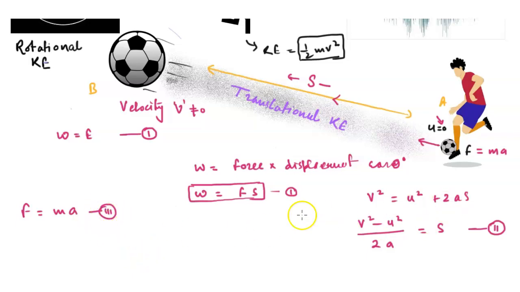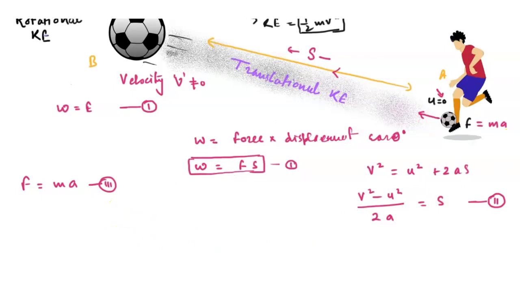Now we will put the values from equation number 3 and equation number 2 into equation number 1. So we can write work is mass into acceleration, instead of force, and then the value of s, which is v square minus u square upon 2a.